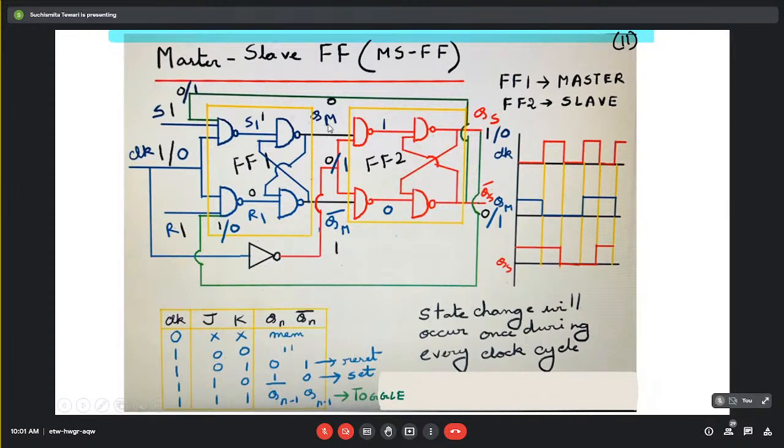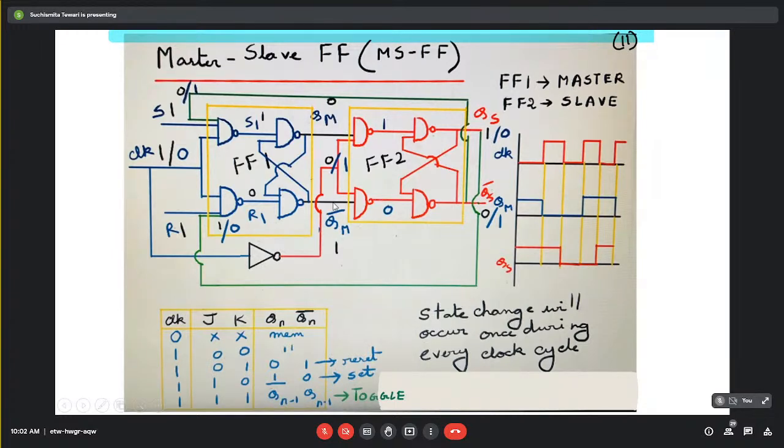But until this clock signal here becomes 1 from 0, this Q and this Q bar won't be able to propagate through this flip-flop. So the output of this flip-flop 2 will remain at this 1 and 0 output.